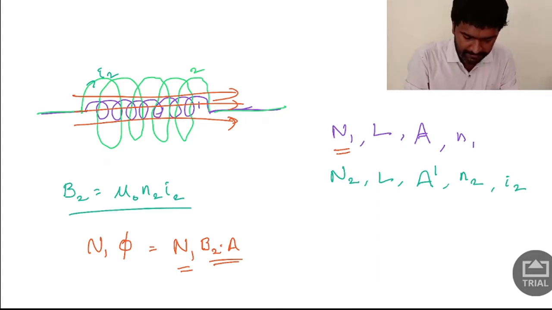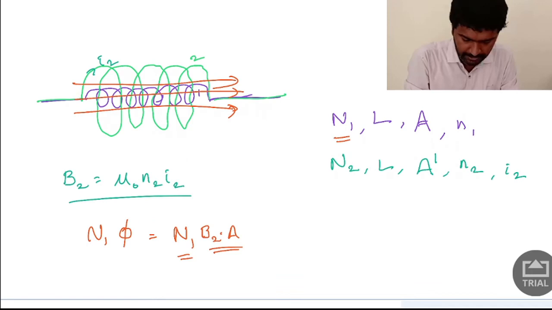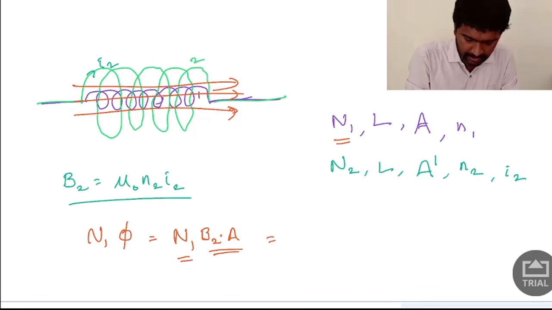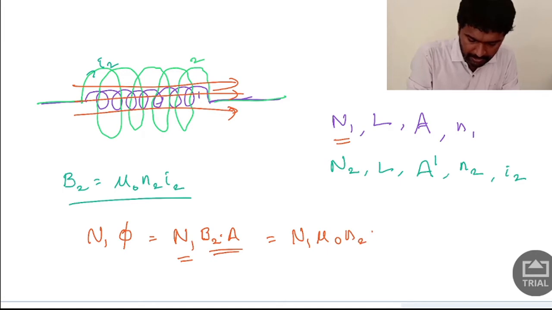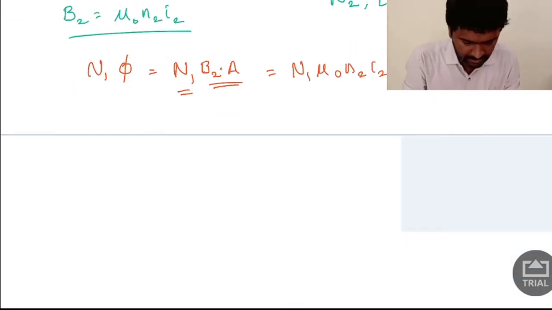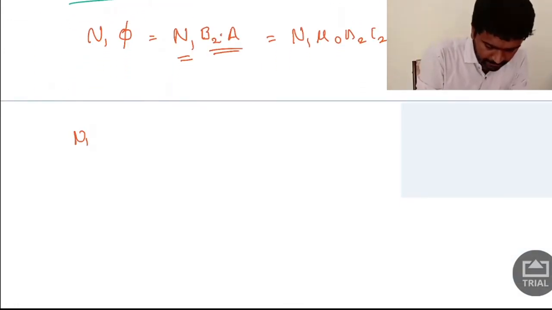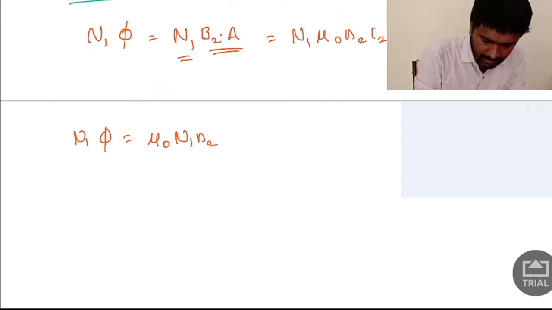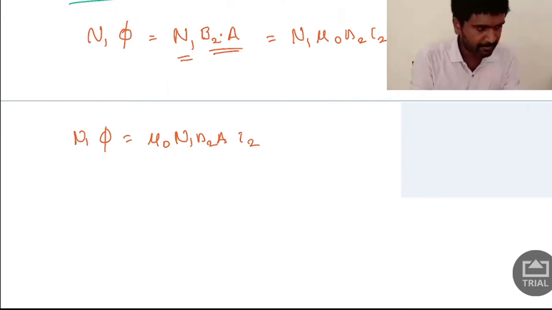So that equals, let us continue here, N1, and B2 is mu 0 n2 I2, times A. A is the area of the first coil. So now N1 phi equals, you can write down mu 0 N1 n2 A I2.